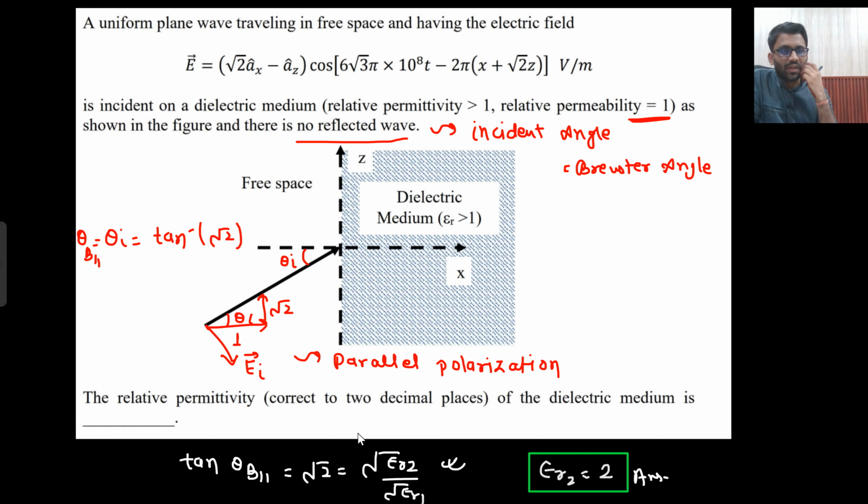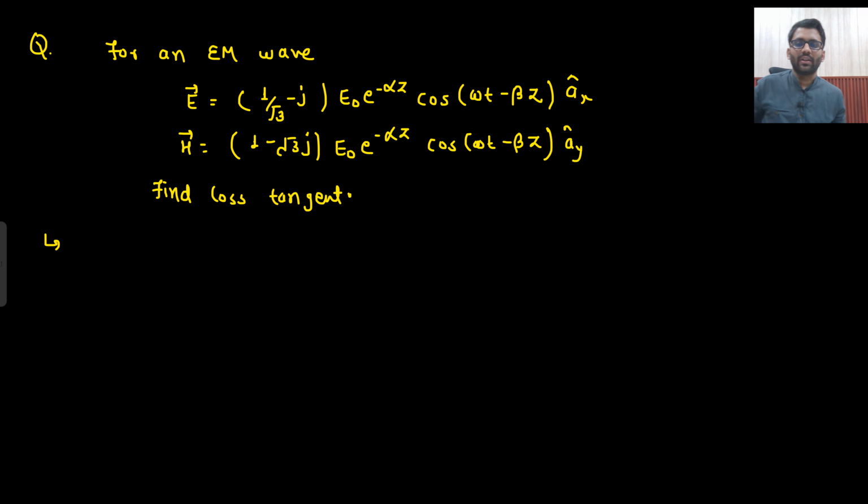So there is a 99.99% chance that if they are asking about the Brewster angle, then it will certainly be parallel polarization, and that we can also see here. We applied the formula that tan theta b parallel is equal to under root 2, which is equal to under root epsilon r2 divided by under root epsilon r1. So epsilon r2 is equal to 2. That is the answer. Let's go to the next one.